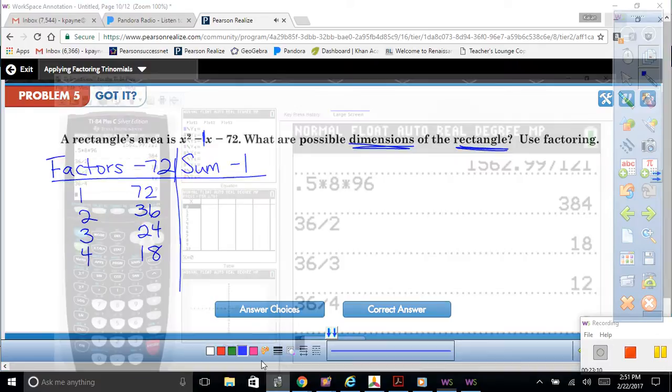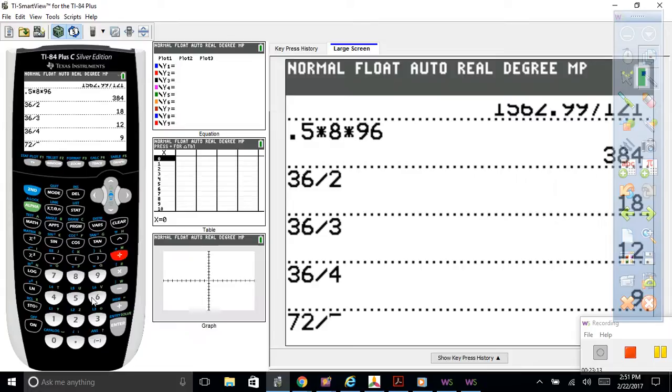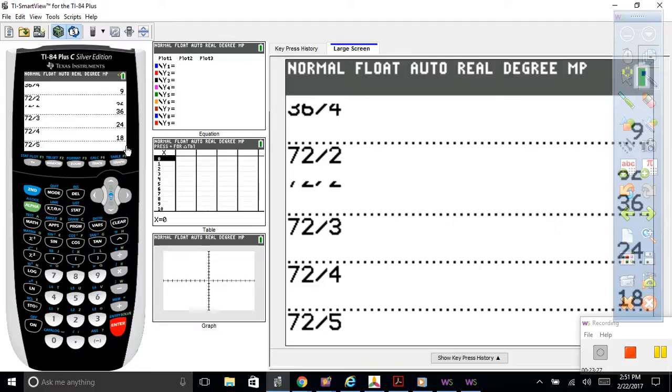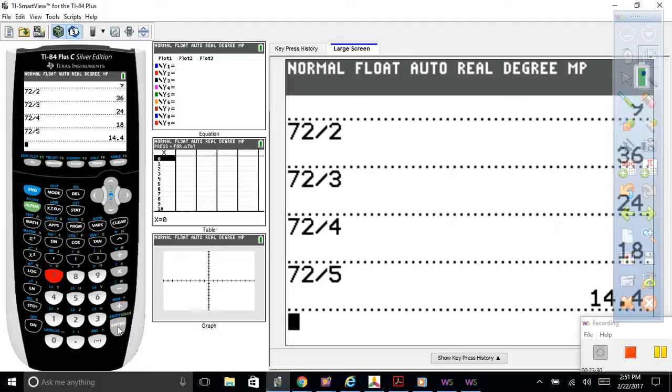And again, you could be using the calculator for this, so just do 72 divided by 2. So it's 2 times 36, 72 divided by 3, 3 times 24, 72 divided by 4, 4 times 18. If you weren't sure if 72 is divisible by 5, try it. It's not. You've got a decimal. 72 divided by 6 is 12.